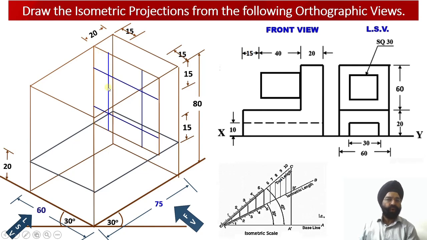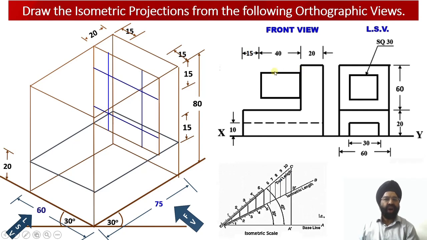So a square has been marked which is going to be my guidance point in order to construct this square prism. This is a square prism, or square web, which has an edge equal to 30 millimeter. I can check this edge, it is 30, this edge is also 30, this edge is also 30, and this edge also happens to be 30.